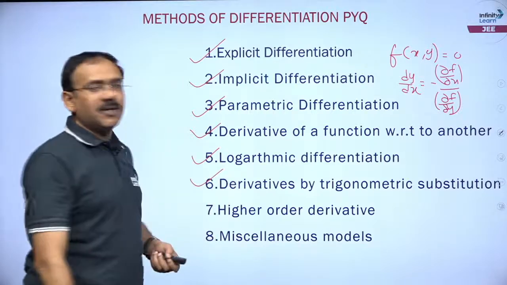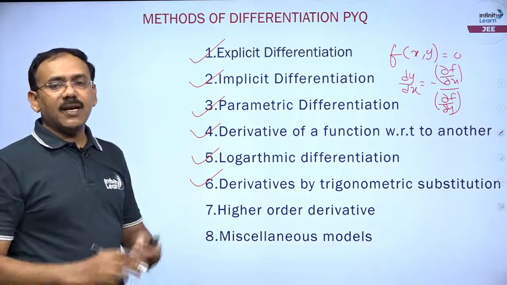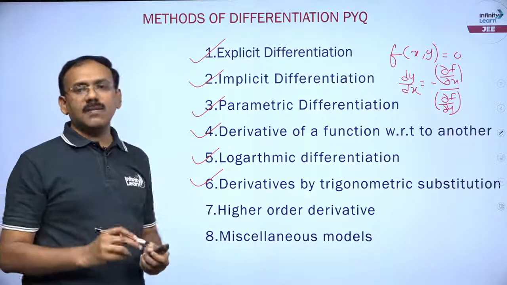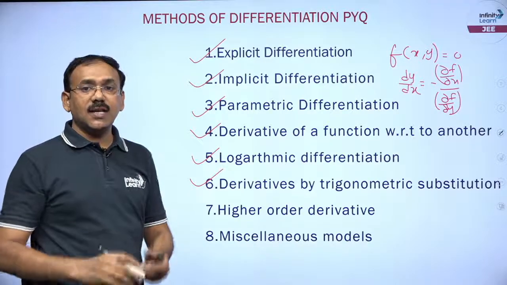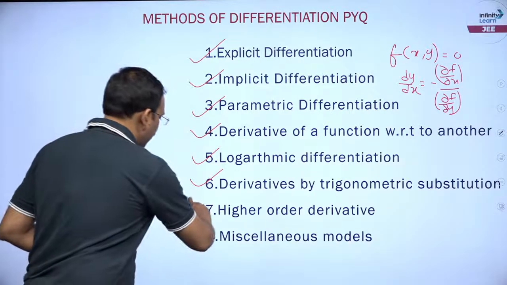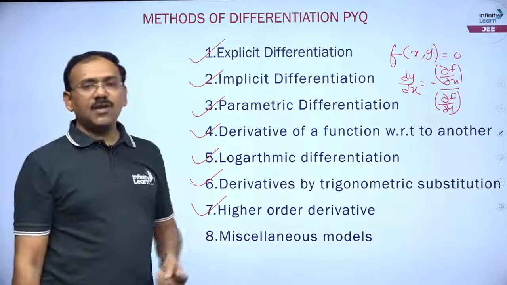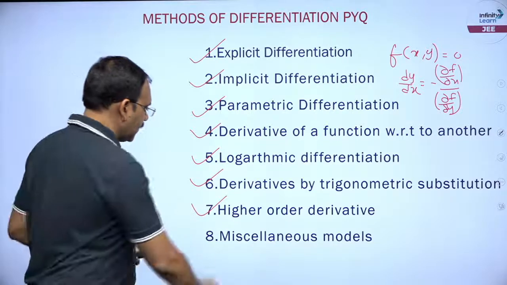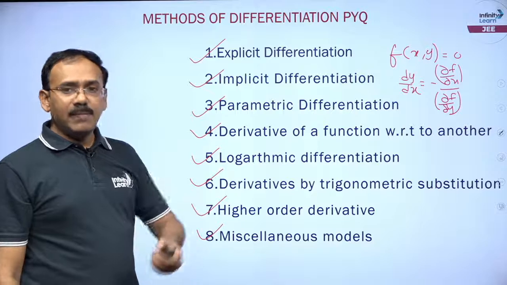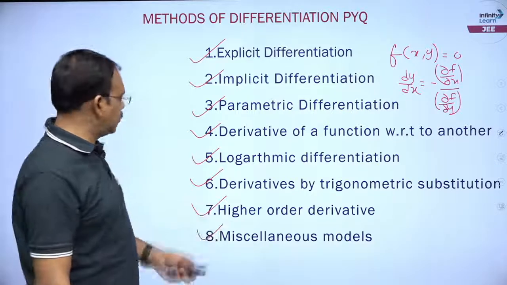Derivatives by trigonometric substitution: sometimes the inverse trigonometric functions are given, or if we substitute variables by some trigonometric functions, the problem gets simplified. Then higher order derivative means second derivative, third derivative, and next, miscellaneous problems. Certain problems will be a bit different, so how to handle those.